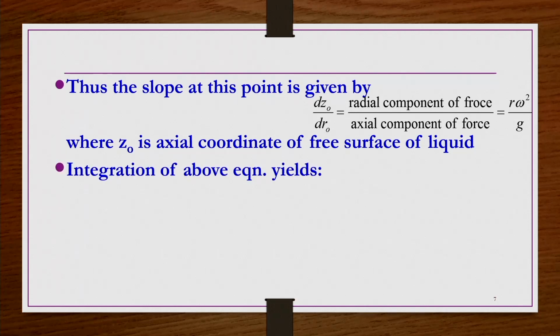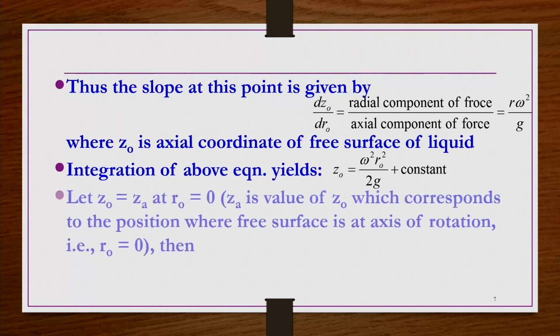Integration of the above equation will give us z naught is equal to omega square r naught square by 2g plus a constant. Then let z naught be equal to ZA at r naught equal to 0, where ZA is the value of z naught corresponding to the position where the free surface is at the axis of rotation, that is at r naught equal to 0.